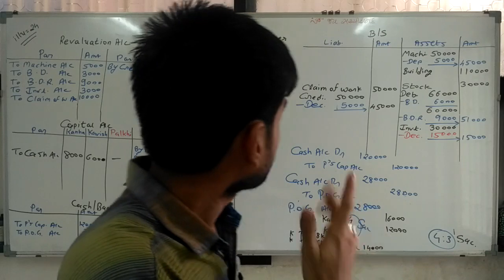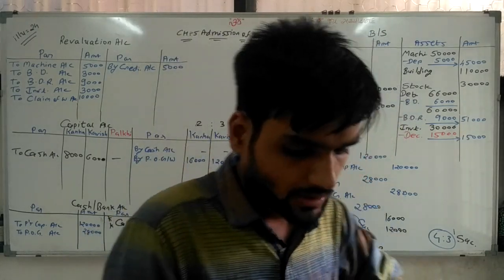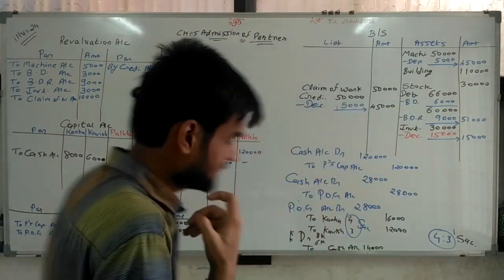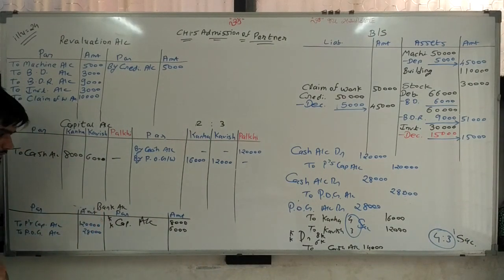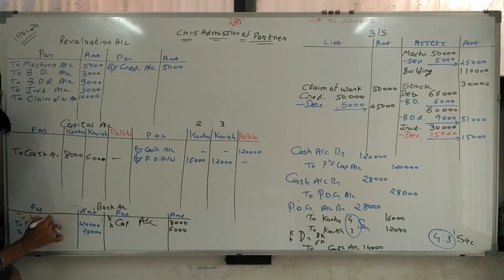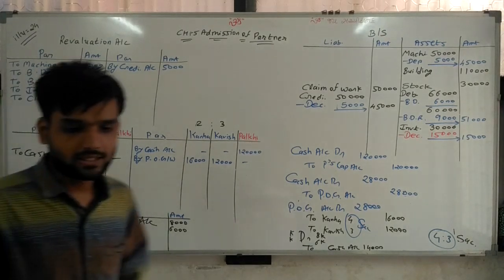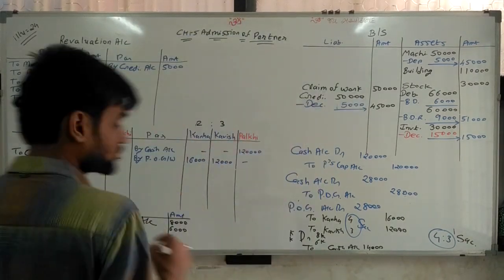So debtors done. Bank: now the bank balance is given, so cash and bank are not written separately, only we are writing bank account. The bank balance is given, 14,000 rupees.